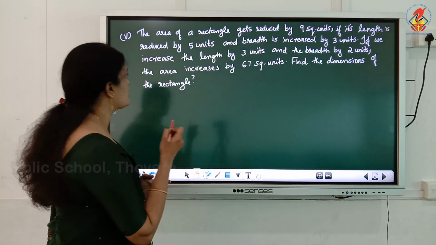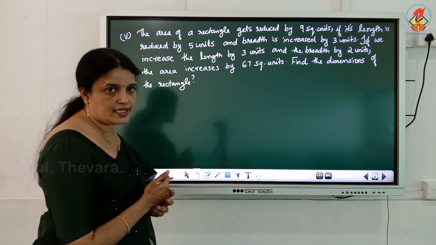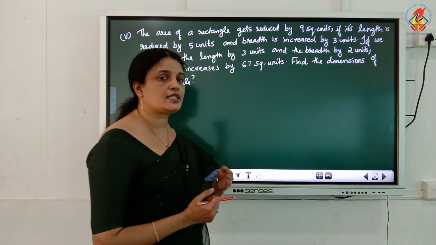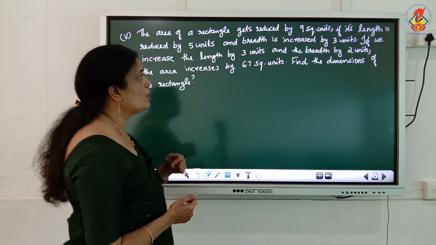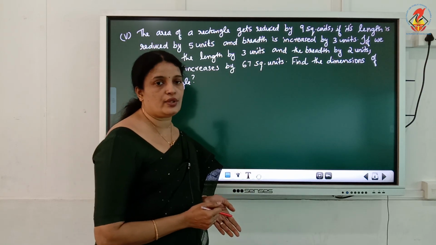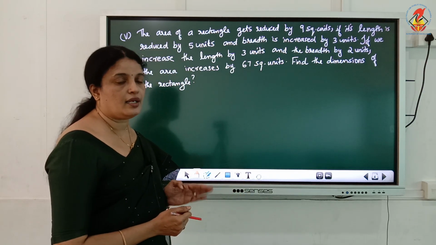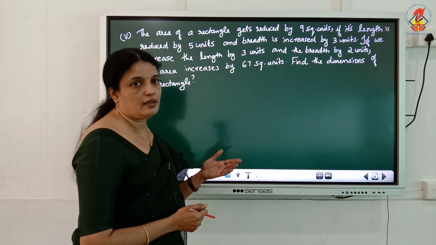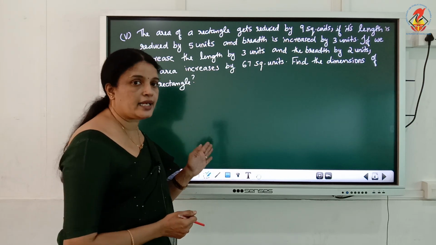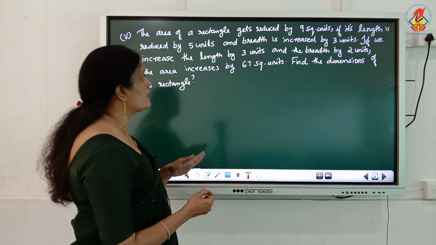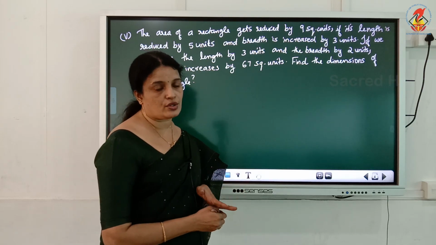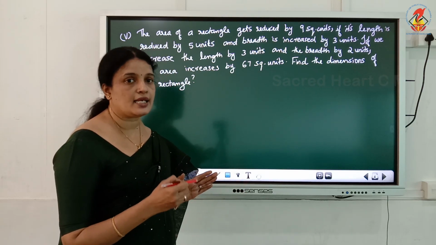The length is reduced by 5 units. Length is x, reduced by 5 units means x minus 5, into breadth is increased by 3 units, y plus 3, is equal to xy, the actual area, from that area reduced by 9 square units, that means xy minus 9.